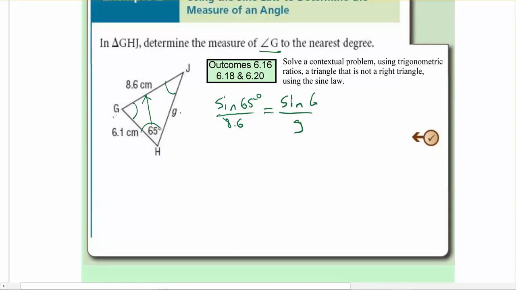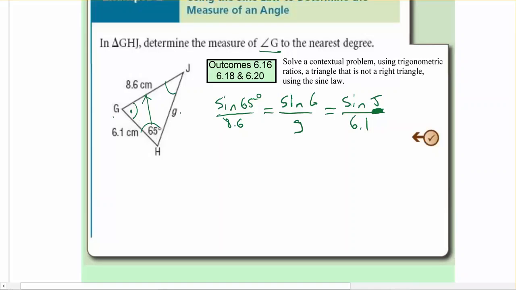We don't know that one or that one, which is equal to, now the last one is sine J over 6.1. So you can see that we can figure out sine J first, and then when we know that, we'll know two angles, and then we can figure out angle G. Okay, but what we've got to do first is this one.